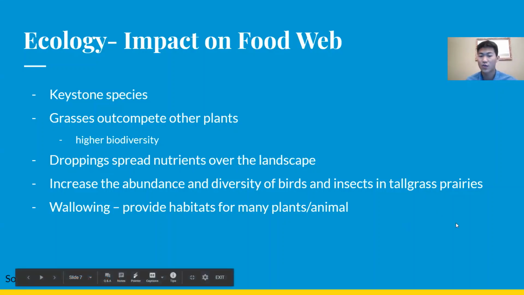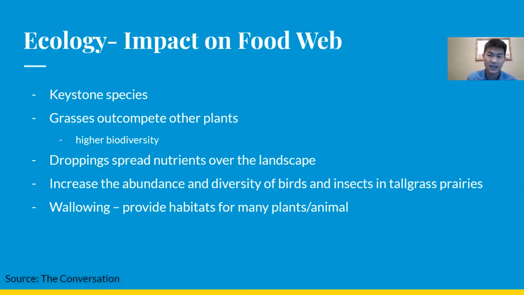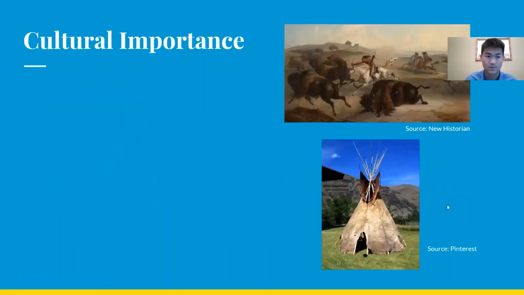And then they also do a thing called wallowing, which is basically when they lie down and roll around, and they create this kind of dent in the ground. This dent provides a habitat for a lot of different plants and animals that don't normally roam in the open plains. You know, some animals and plants like to be a little more hidden. So these dents that the bison make in the ground provide a home for many plants and animals.